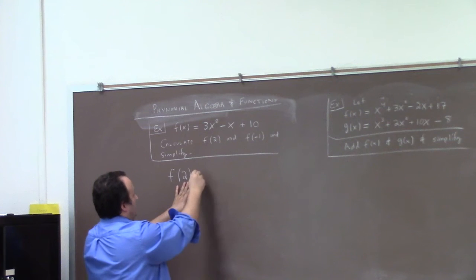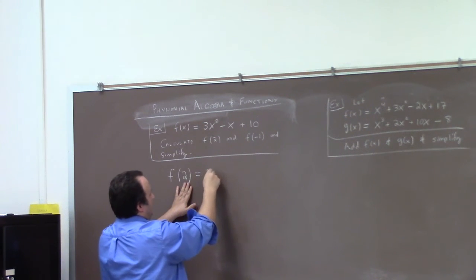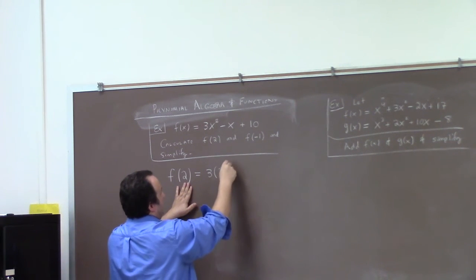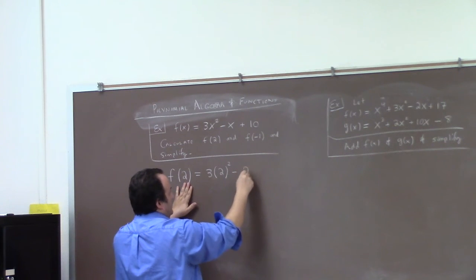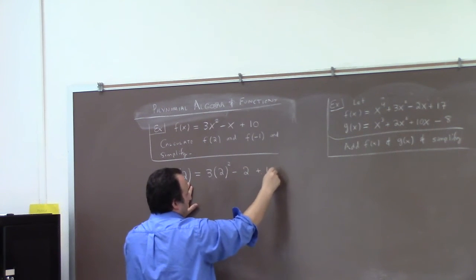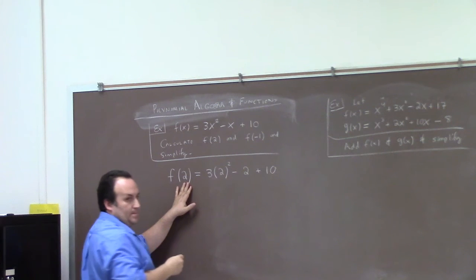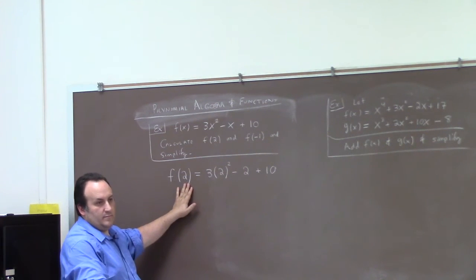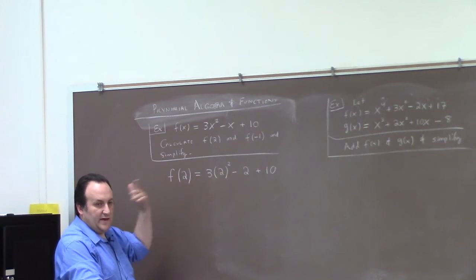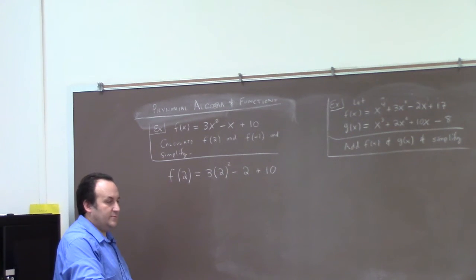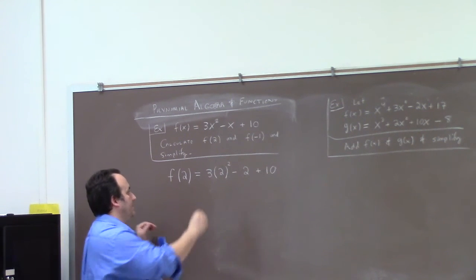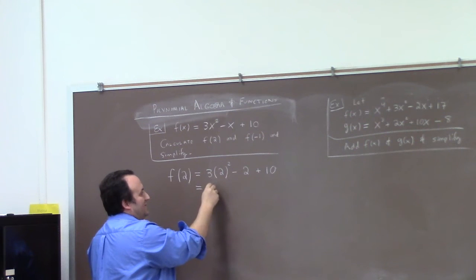So we do 3 times 2 squared minus 2 plus 10. And then we want to work those out and simplify it, right? So what is that? I heard 20.